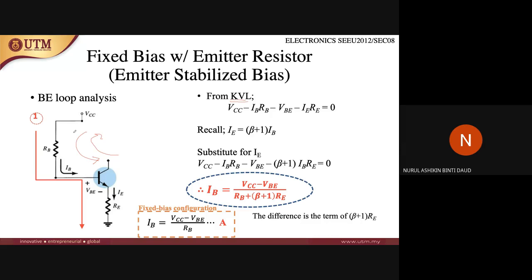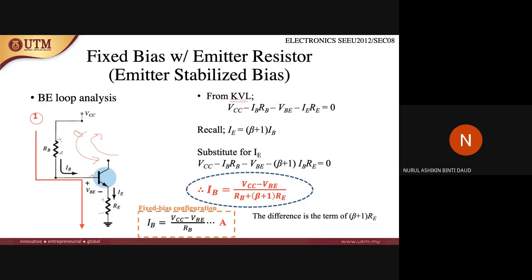If you are using the anti-clockwise loop, it will be VCC minus IBRB minus VBE minus IERE.